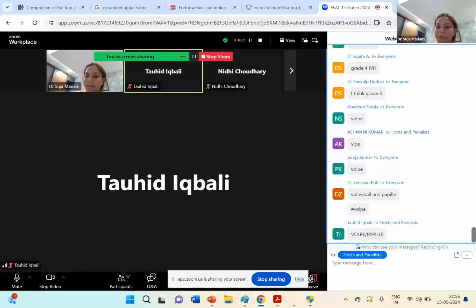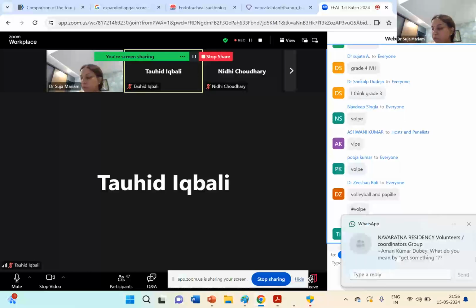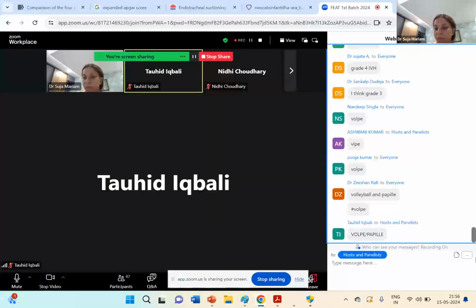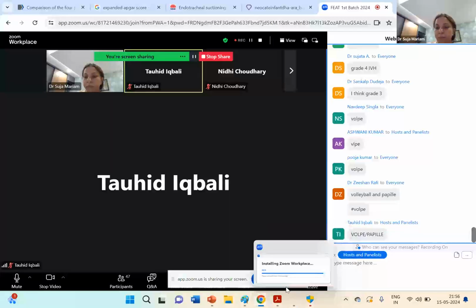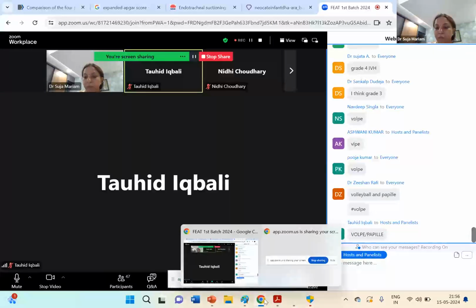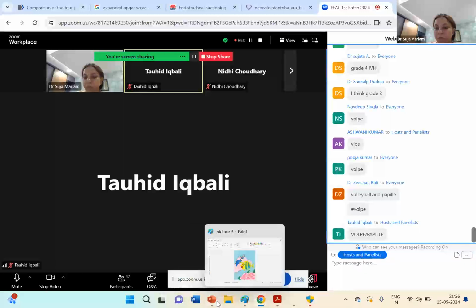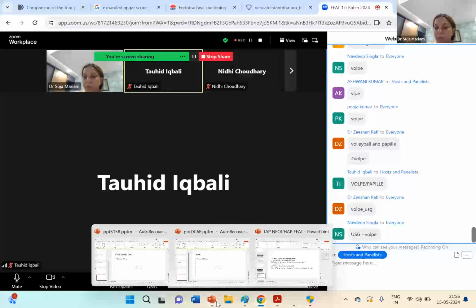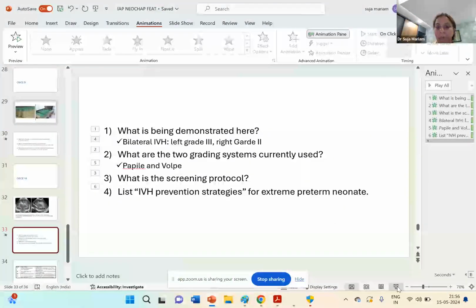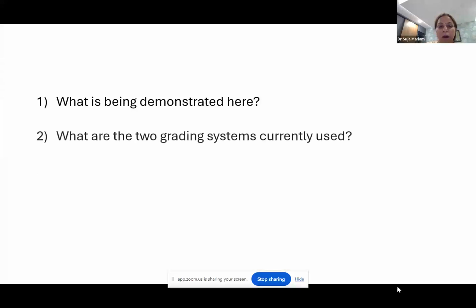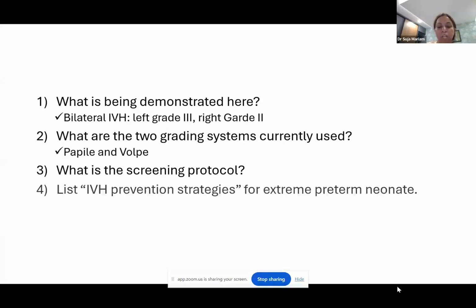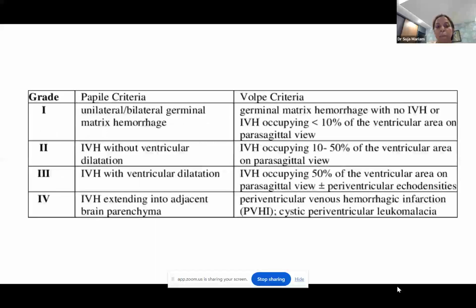It's Volpi and Papile. Which is ultrasound, which is CT? So Volpi is ultrasound and Papile is CT scan based. So Papile criteria is actually based on CT.